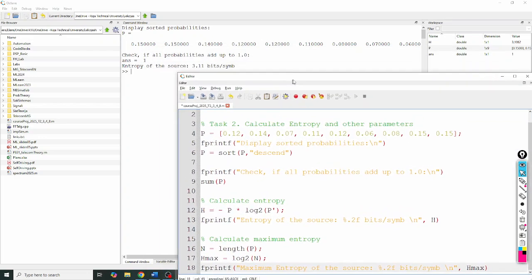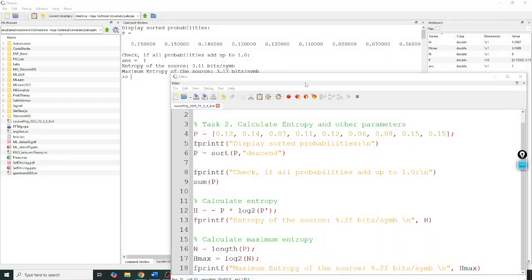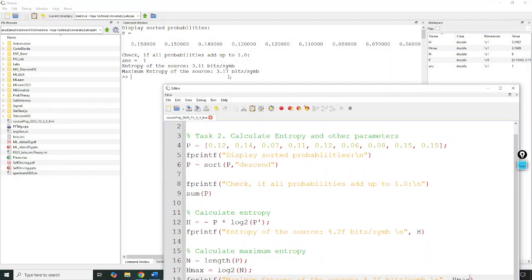So if I run it now, you see that indeed this number is slightly higher. Not much, but slightly still, yes? So that means that there is actually room for improvement, and using the Huffman or Shannon-Fano code can give you an effect. How big, that is also unclear from this specific situation.